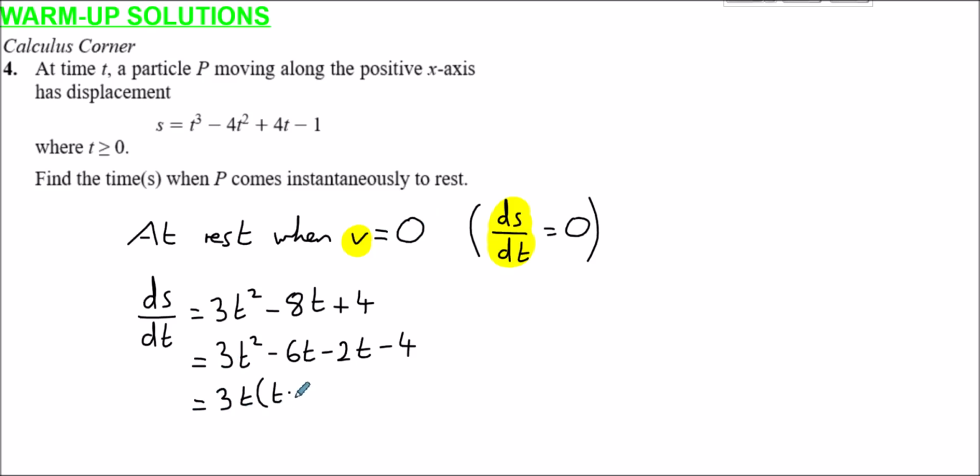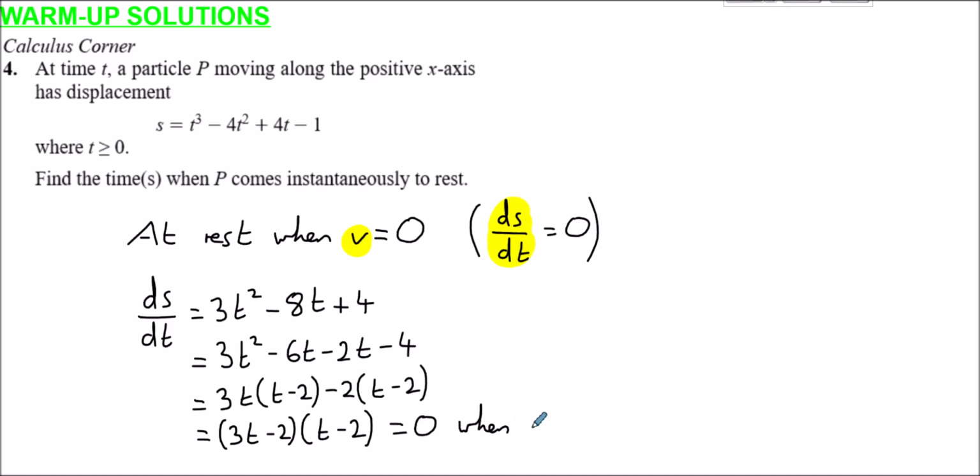That gives us t minus 2. Then here, both terms are negative and even, so we can factorise out a minus 2 and then t minus 2. So then factorise further into 3t minus 2 brackets t minus 2, and that's going to be equal to 0 when the particle's at rest.